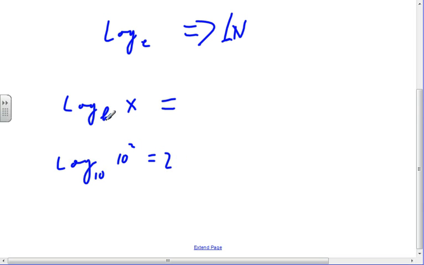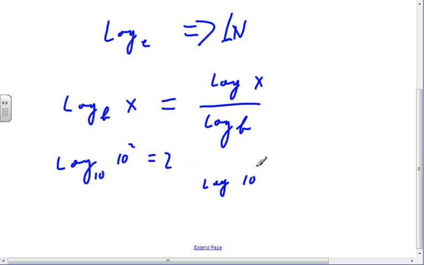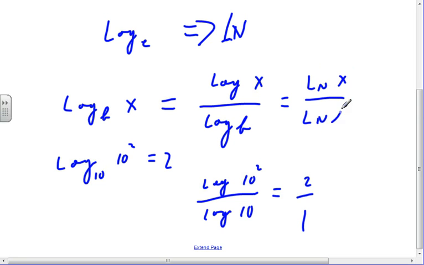Well, if I have log base b of x, that's the same as saying common log of x divided by common log of b. In my example, I would have common log of 10 squared divided by common log of 10. That would be 2 over 1, which would be a 2. It's also the same as the natural log of x over the natural log of b.